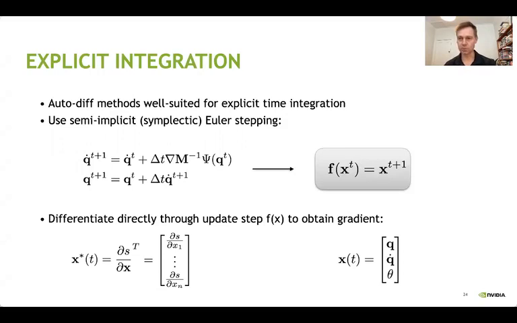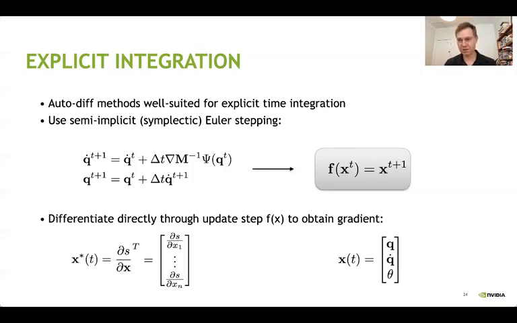This is a simple one-step integration scheme. We evaluate our forces at the current position, and then we update velocities and update positions. I just noticed there's a missing nabla on this psi here, so we should take the gradient of our potential function psi.